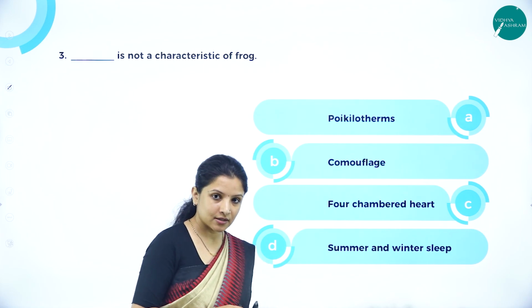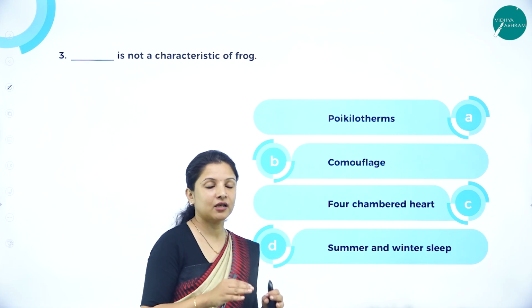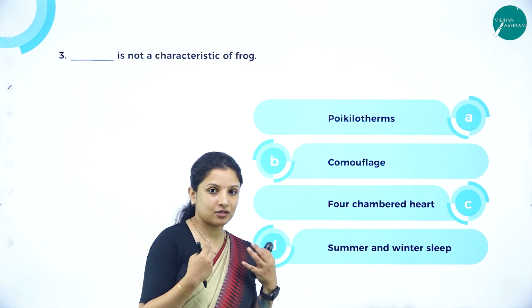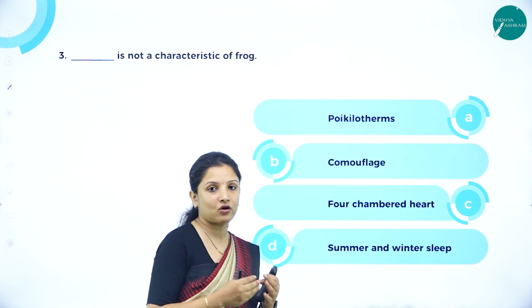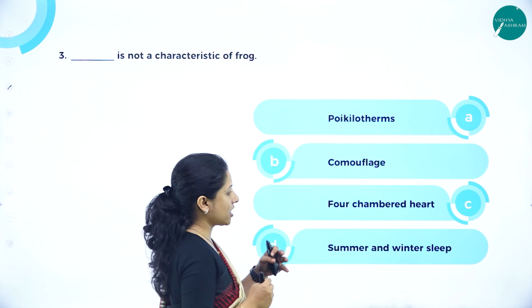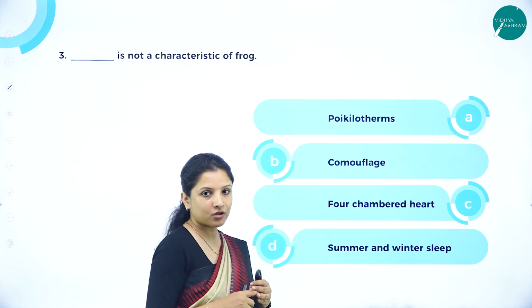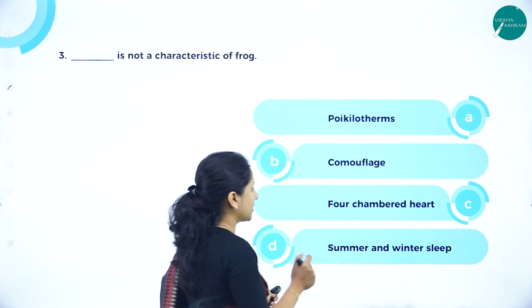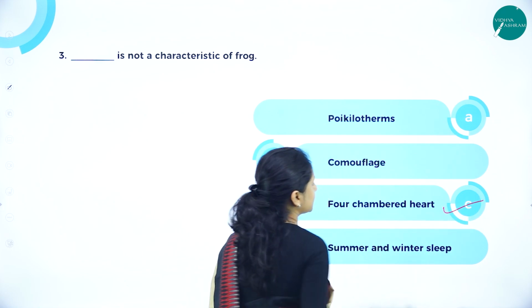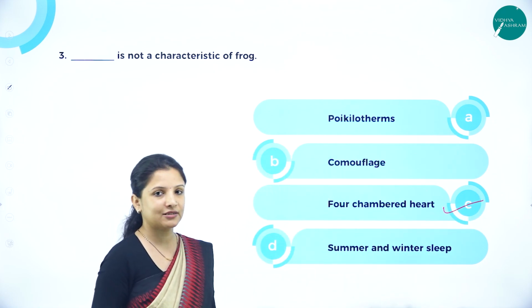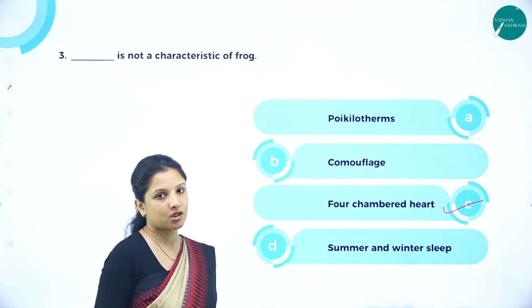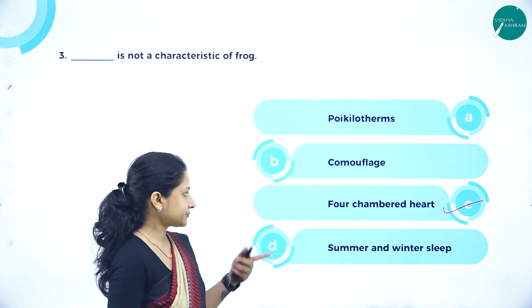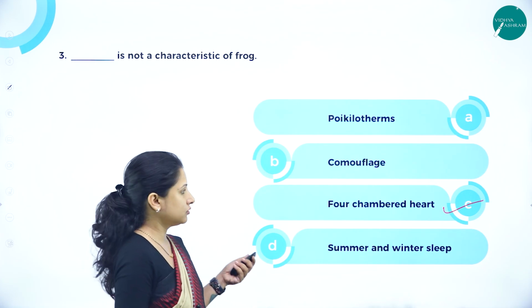Camouflage: yes, frogs can mimic the external environment, which is called camouflaging. Four-chambered heart: this is wrong because frogs usually have a three-chambered heart. So option C is the right answer here. Summer and winter sleep: of course, they go in for estivation and hibernation, so that option is not correct.